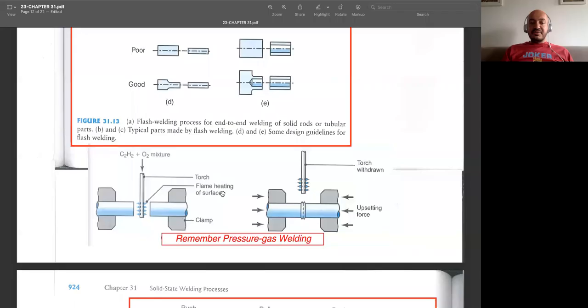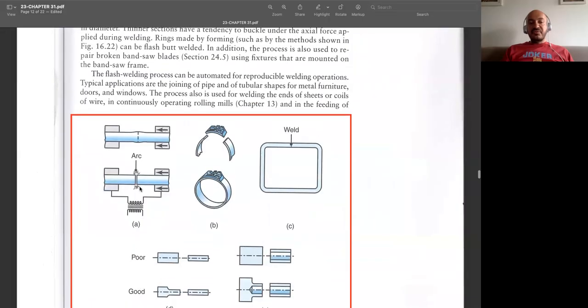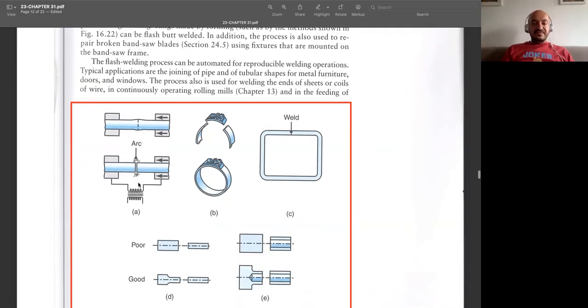Right now, we will also do the same, but the difference is that instead of using an extra external heater, we will apply current through these parts, and with the help of the current, we will be generating heat, and the interface again will be heated, and with little pressure, we will have some diffusion, and the parts will be joined together.